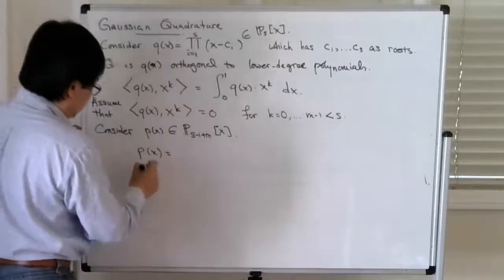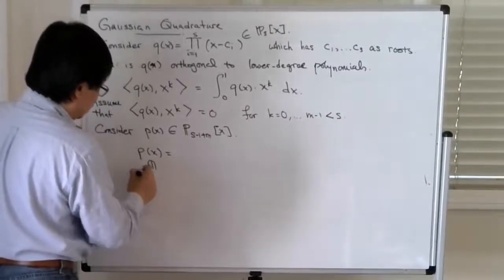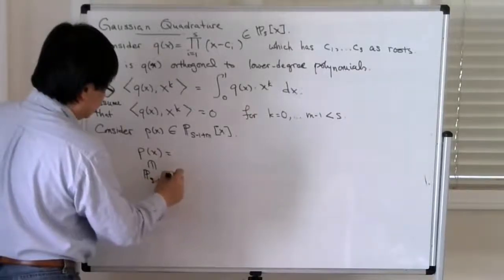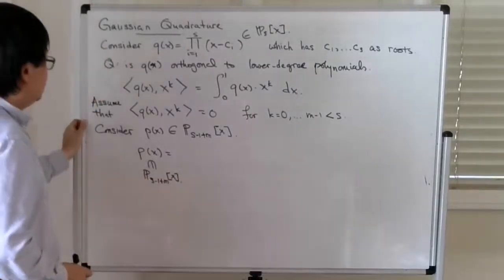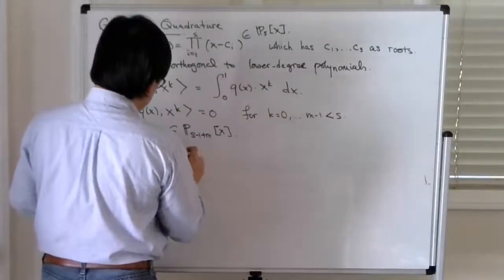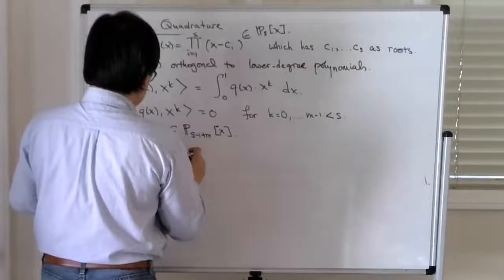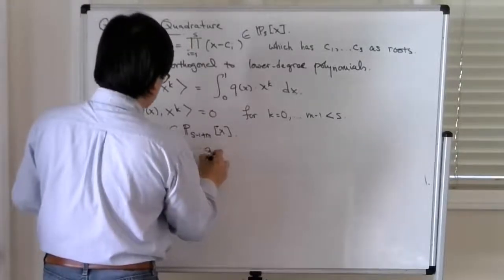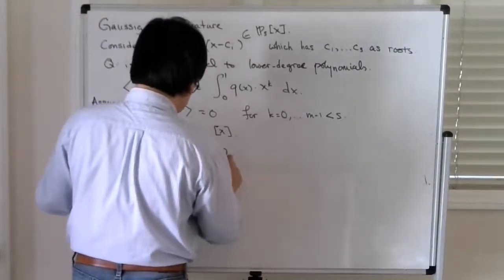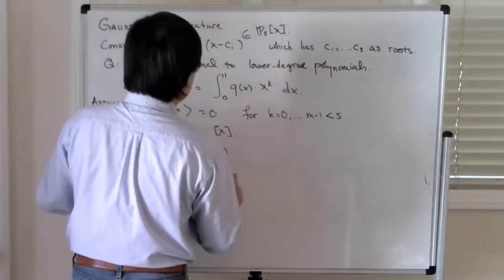So p of x is a polynomial of degree, again, s minus 1 plus m. So you can write p in the following way. There is a polynomial q, which is a polynomial of degree s.